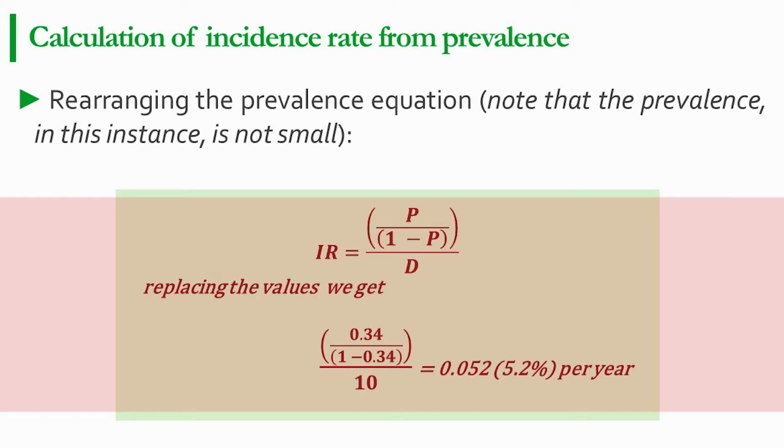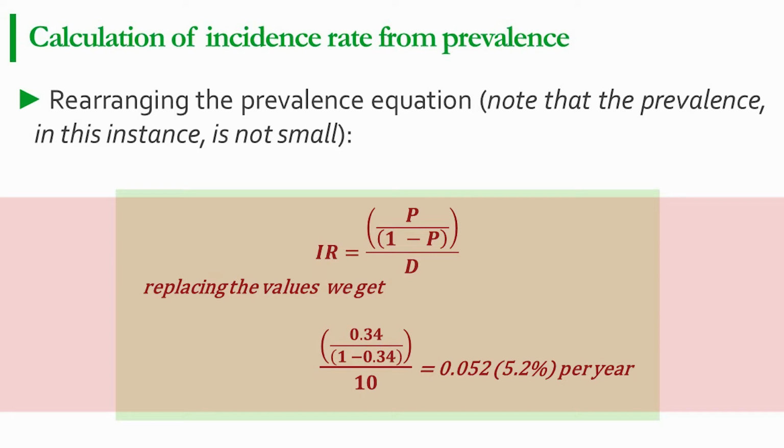We have to take into account that we are not using the prevalence directly here, but the proportions, because we have a higher prevalence level, almost 34%. So we replace the formula with the figures we had from the example, and we would find 0.052 cases per year, or let's say 5.2%.